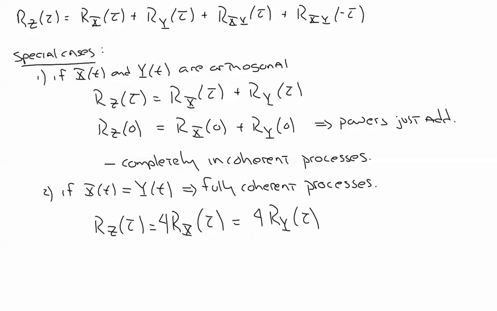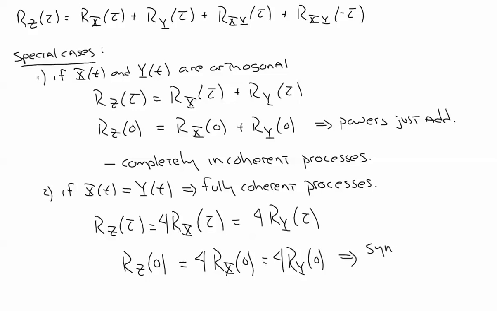And so my autocorrelation for Z just becomes 4 times the autocorrelation for X, or 4 times the autocorrelation for Y. Likewise, the normalized power in Z becomes 4 times the power in X, or 4 times the power in Y. There's some synergy going on here. The whole is more than the sum of the parts.